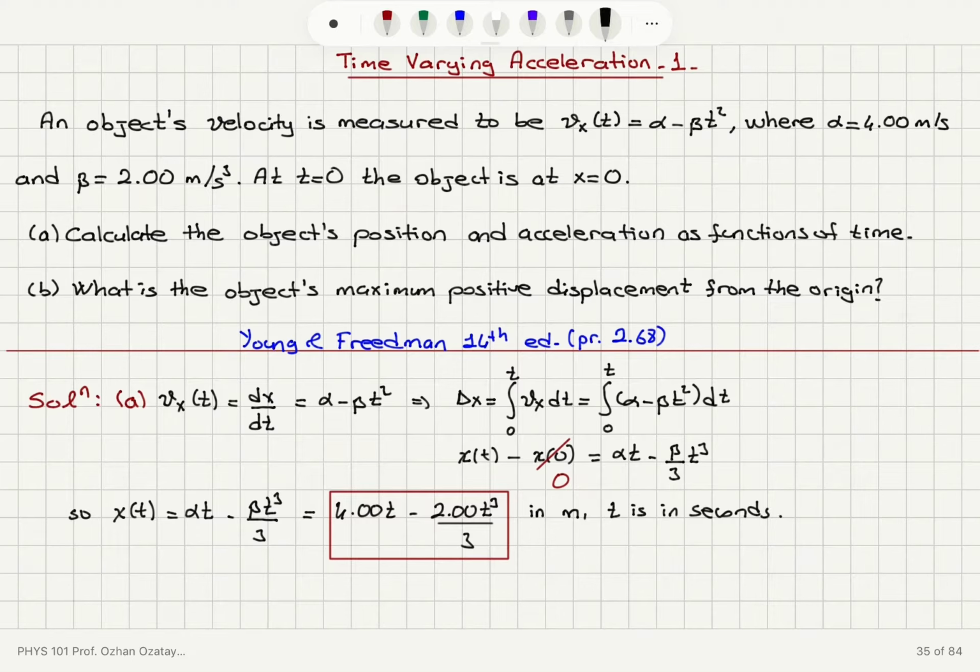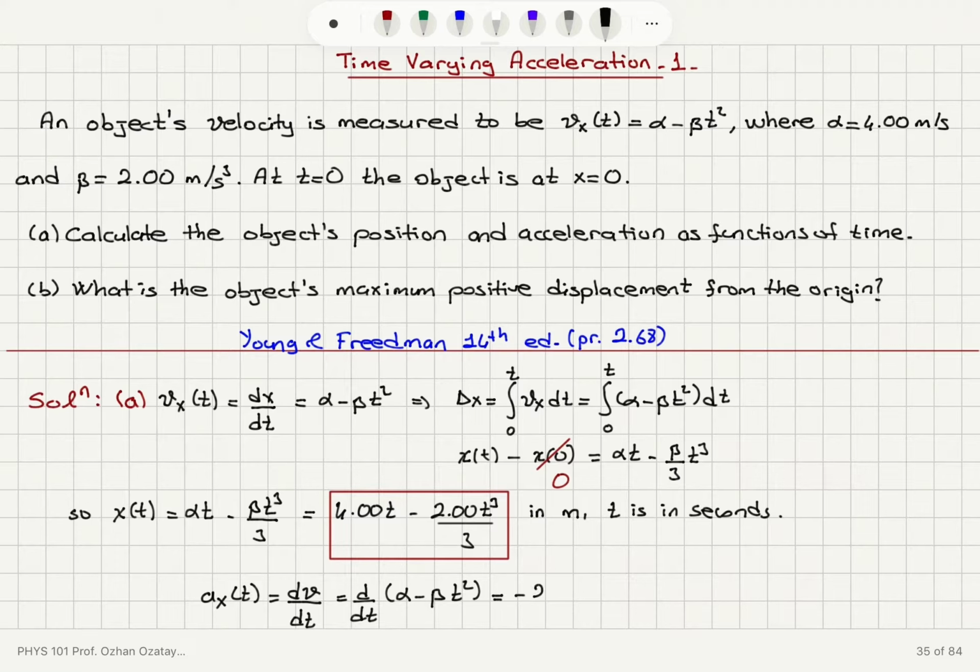For the acceleration ax of t, I need to take the derivative of velocity with respect to time, dv dt. This is the derivative of alpha minus beta t squared. Since alpha is a constant, its derivative is 0.